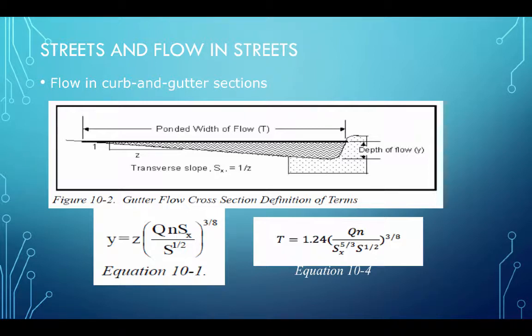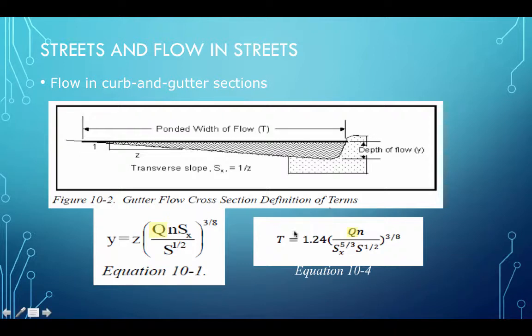So for flow in curb and gutter sections, there are several equations in the Texas Department of Transportation Design Manual and similar FHWA manuals, and they are used to determine things like flow depth as a function of computed discharge. And if you look at this carefully, it's not difficult to tell that this is a Manning's type equation that's solving for depth of flow at the curb, which is where it's normally defined, in terms of discharge, which we compute independently using hydrology.